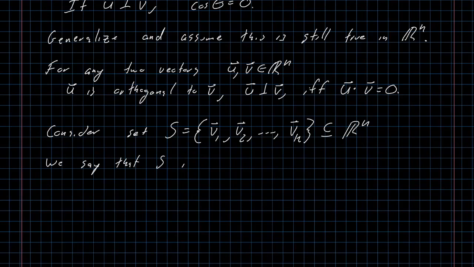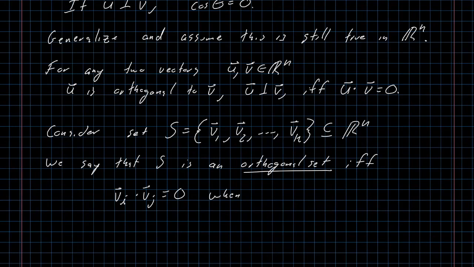We say that S is an orthogonal set if and only if vi dot vj is equal to 0 whenever i is not equal to j.